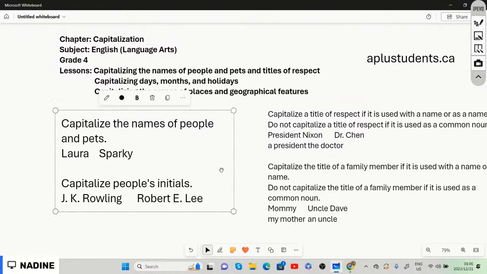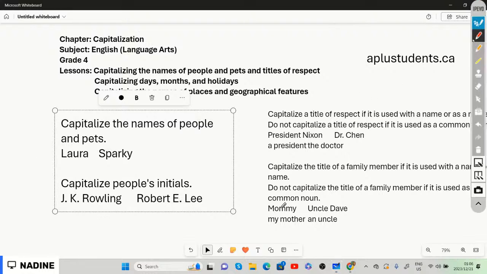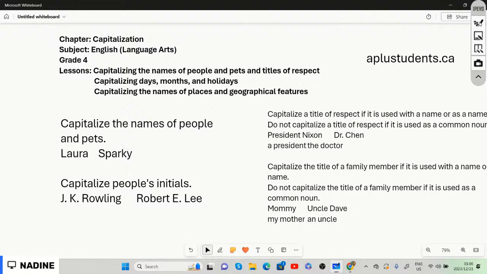All right, so now we're going to start. So we capitalize names of people and pets, right? Remember, when it comes to capitalization, if it's a sentence, when we are writing, we of course capitalize the first word of that sentence, right? And then we always capitalize names of people as well as places.